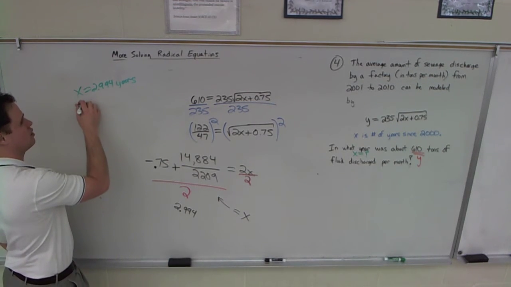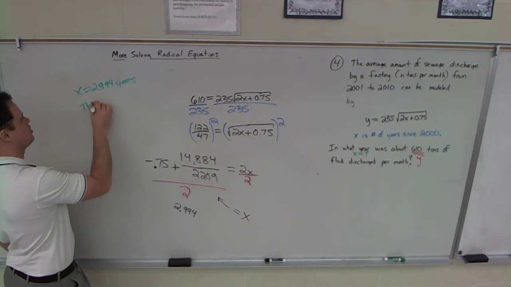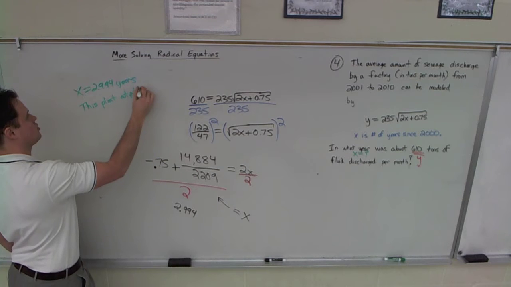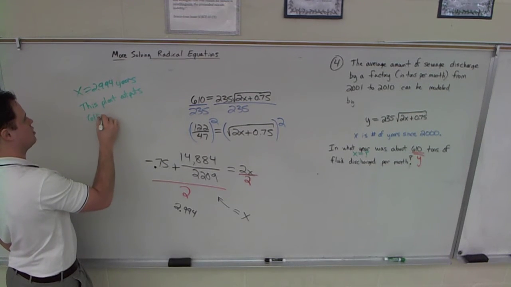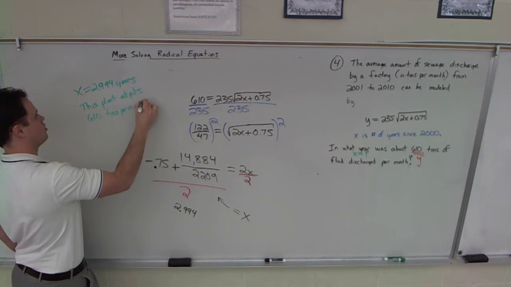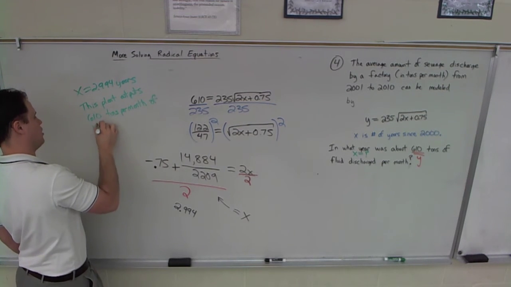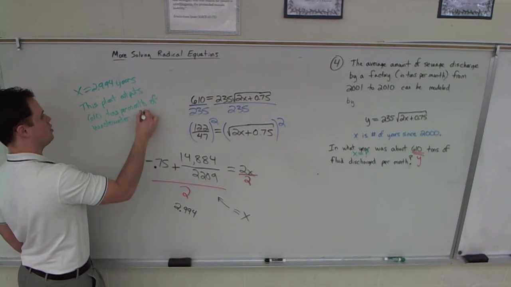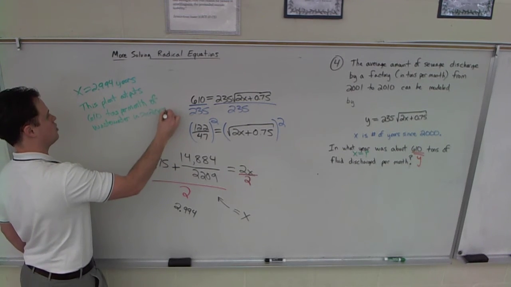So this plant outputs 610 tons per month of wastewater in about 2003.